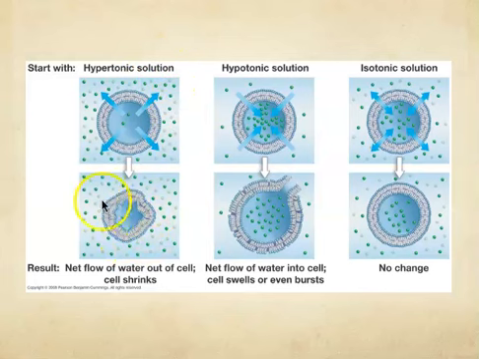If enough water leaves this cell, the cell will collapse to the point where it will die. So again, in a multicellular organism like you and I, there are physiological systems in place to prevent this from happening.